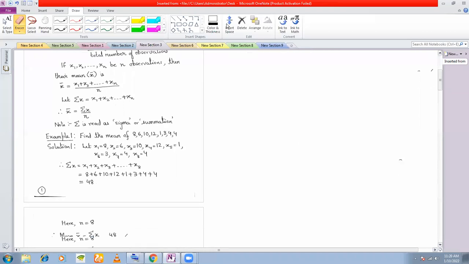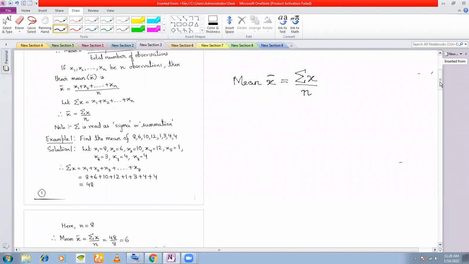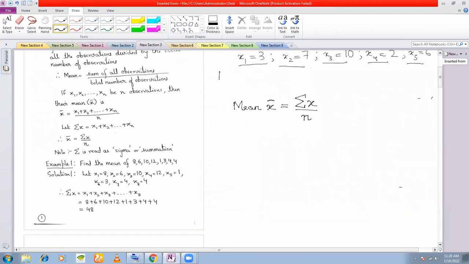The formula for mean is denoted by x bar, and the formula is summation x, that means all the values of x you take, divided by the total number of observations that are given. So if, let's say, I give you x1, x2, x3 up till xn, n observations.